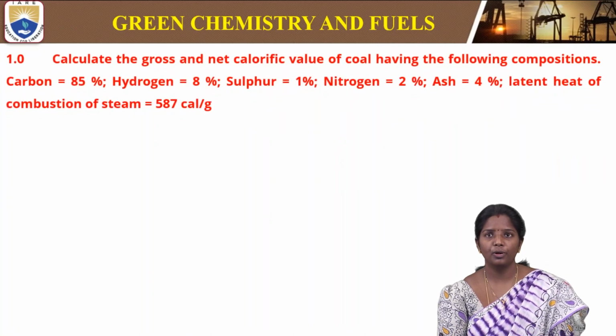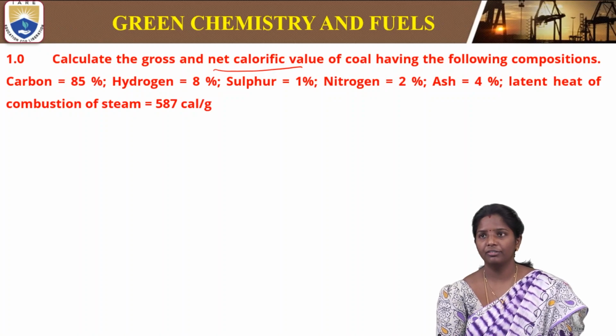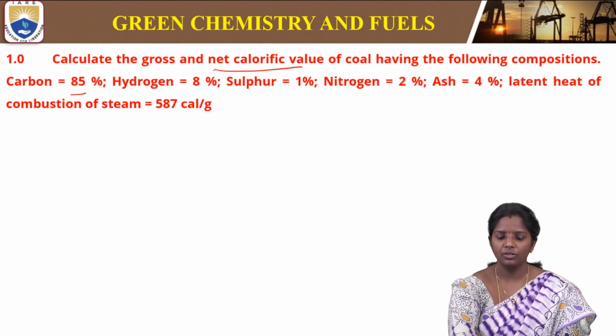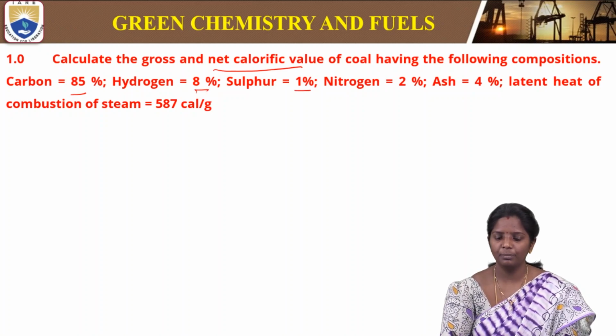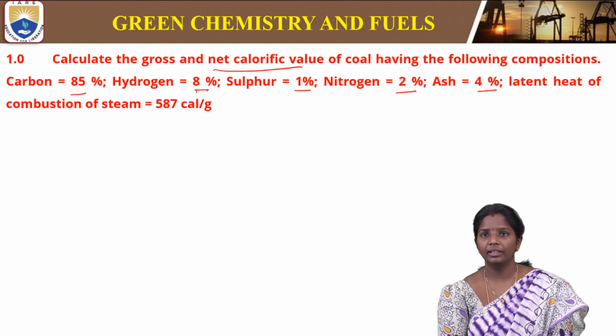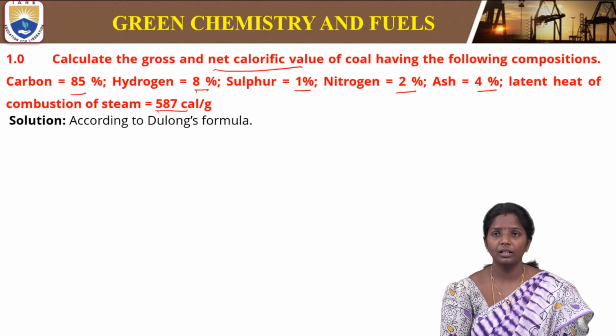So next, going to the problems. Calculate the gross and net calorific value of coal having the following composition. Carbon is 85%, hydrogen is 8%, sulfur is 1%, nitrogen is 2%, and ash is 4%. The latent heat of steam is also given as 587 calories per gram.